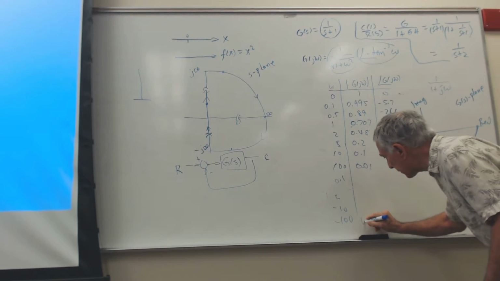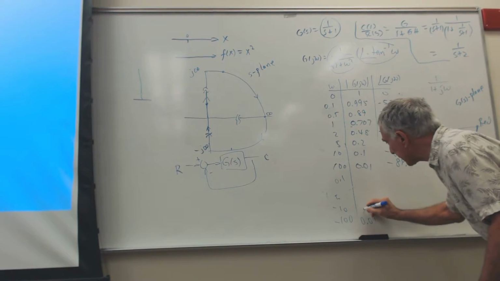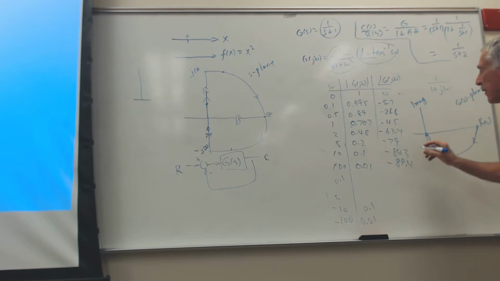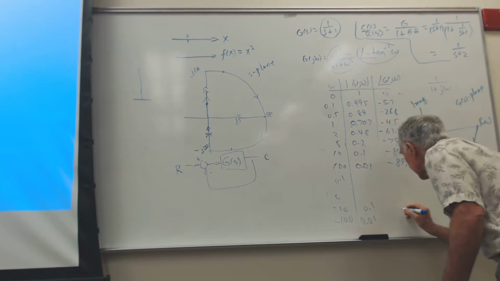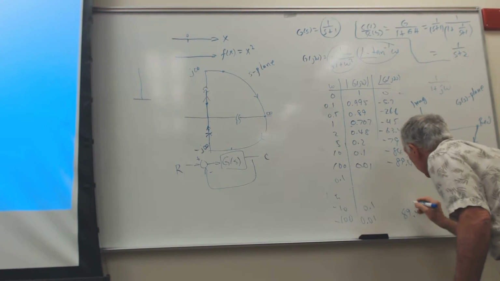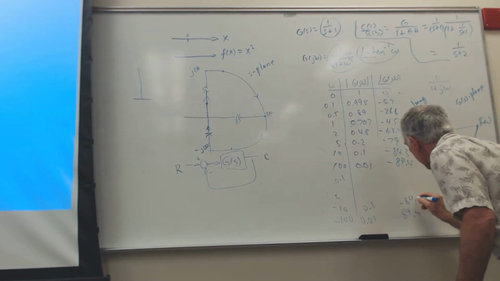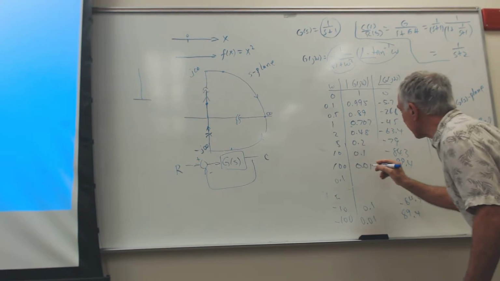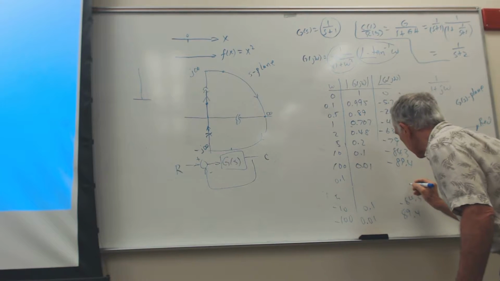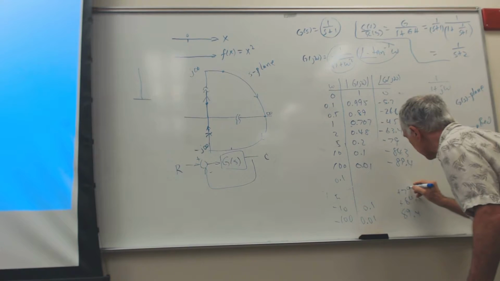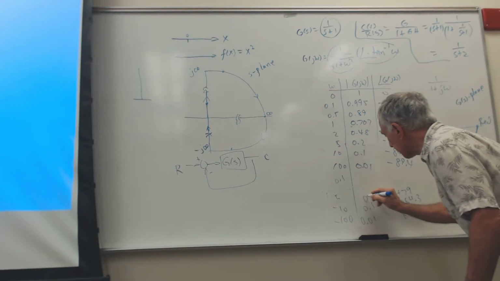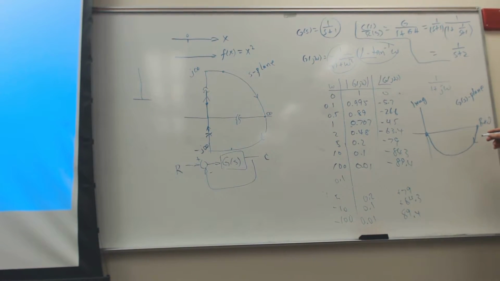This will be 0.01, this will be 0.1, but the phase will just be the negative of what it is here. That's the complex conjugate. So this will be 89.4, this will be minus 84.3, and so on. The 5 will be, these are all plus, so this will be plus 79, magnitude is 0.2.